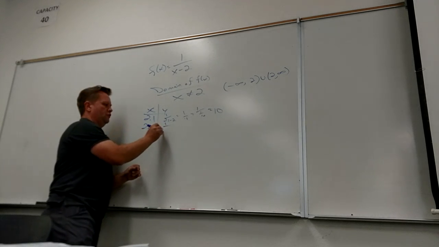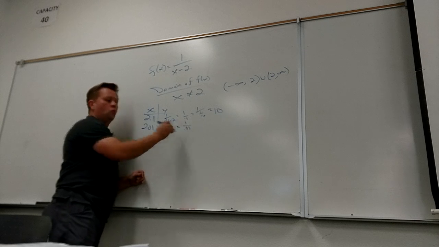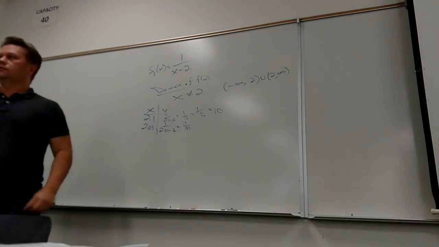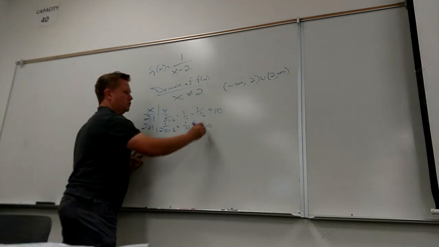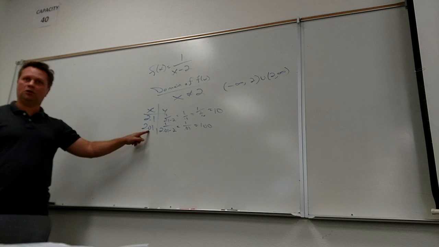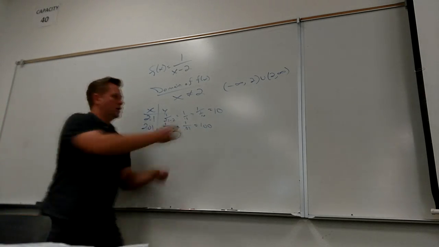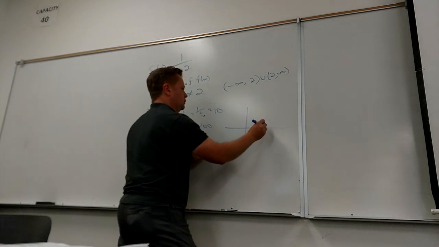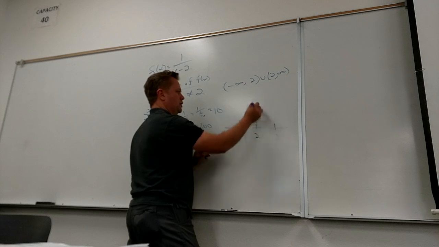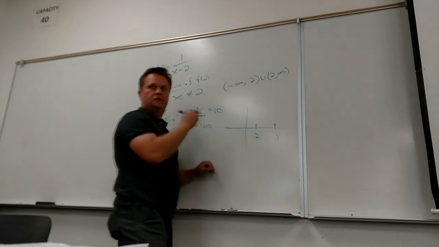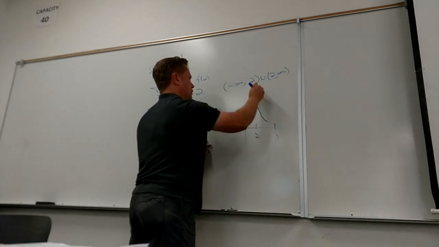Same way as before, 2.01 minus 2 is 0.01. What's 0.01? 1/100th. So the same way this was 10, this will be 100. You can imagine, as you get closer and closer, this is going to keep getting bigger and bigger. If I were to graph that, here's 2, here's 3, here's 2.1 is 10, 2.01 is 100, 2.001 would be 1,000. So this thing is doing this. Whee!